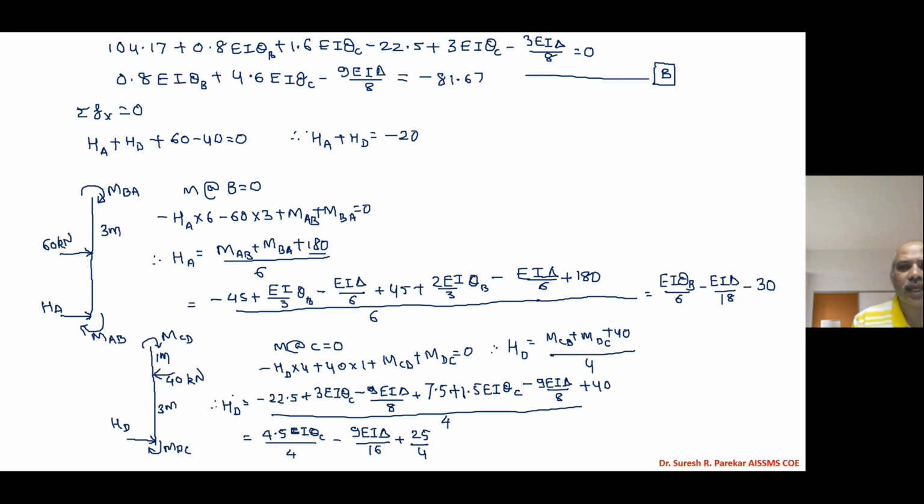And now if we put HA and HD in this equation, then we have these values: EI theta B plus 4.5 EI theta C. This is upon 6, this is upon 4, minus EI delta divided by 18 minus 9 EI delta divided by 16, and that is equal to 3.75.